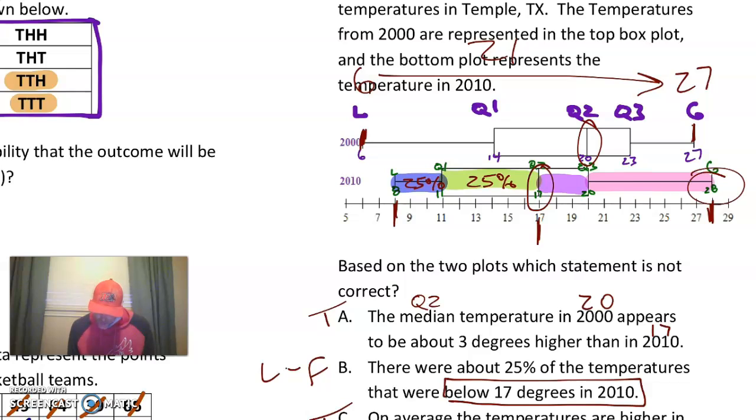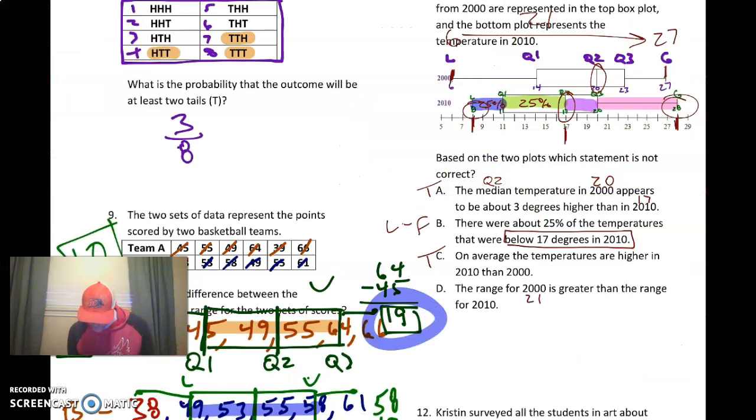We've got 28 and 8. You can just subtract, which is 20. So the range for 2000 is greater than the range for 2010. That is true. So therefore the answer is B.